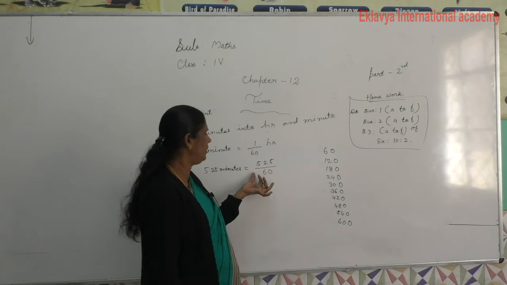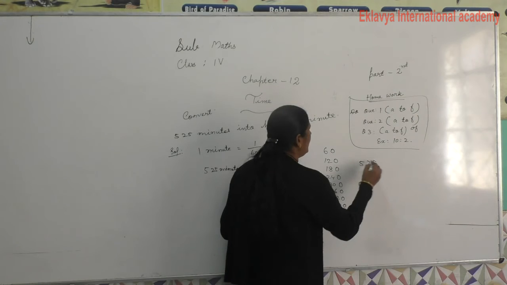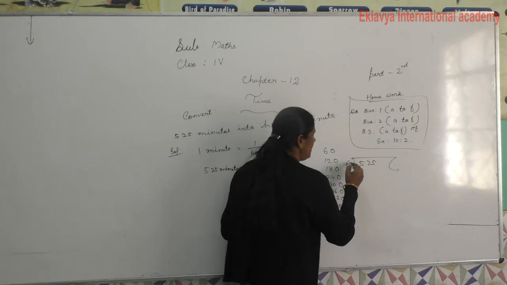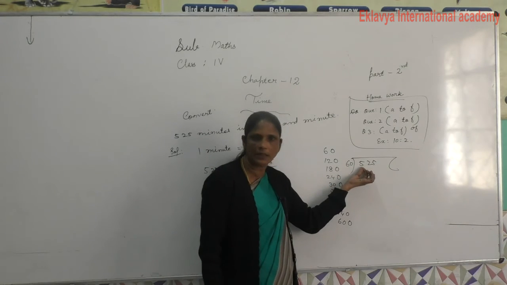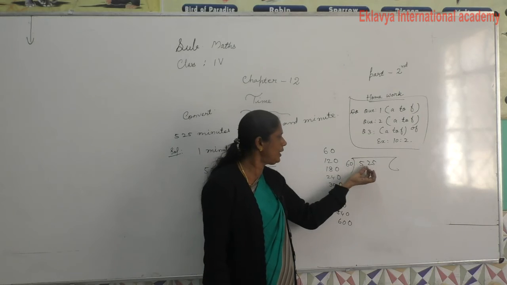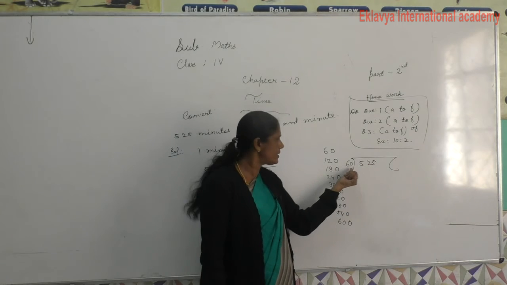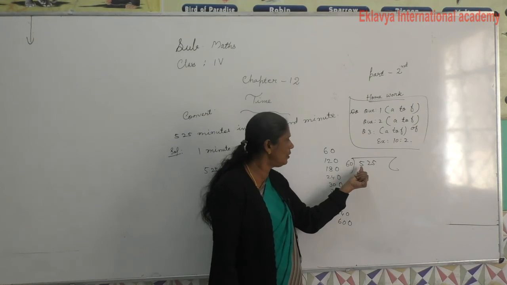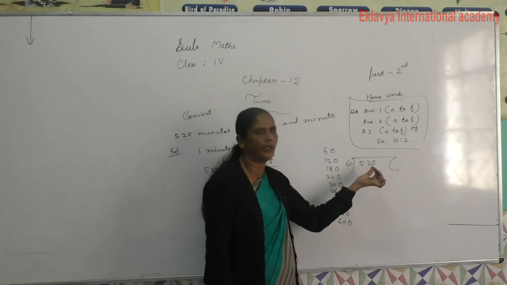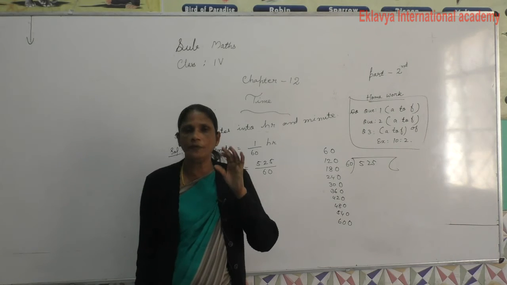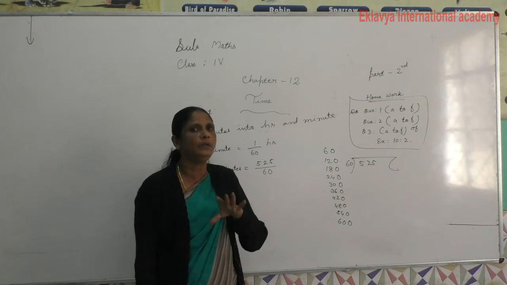Now look, we divide 525 by 60. First look: 60 is greater than 5, 60 is greater than 52, so we take 525. How many times does the table of 60 go in 525?